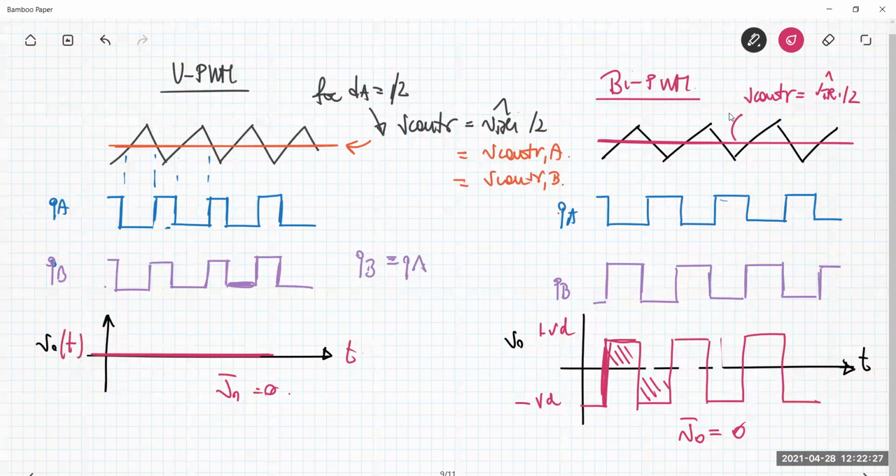Here, the average value is null because I have a bipolar waveform having duty cycle of 50%. This leads to the maximum ripple, while here the current is null flowing to the output, so there is no ripple.